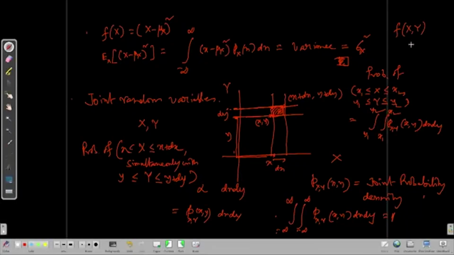So, what is its average value? What I will do is multiply by the chance factor. I will assume that when it is within this box, its value does not change because the widths are infinitely small. So its value will be the same as its value at the corner, that is f of small x comma y.